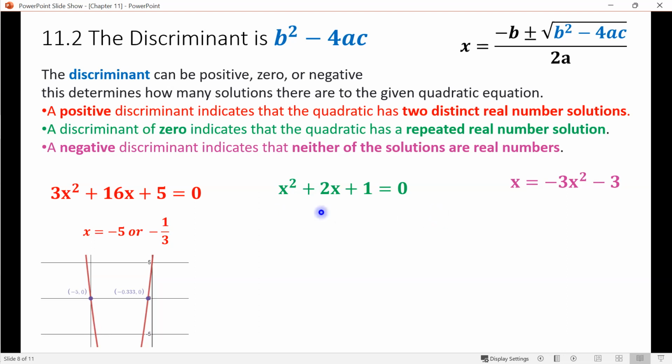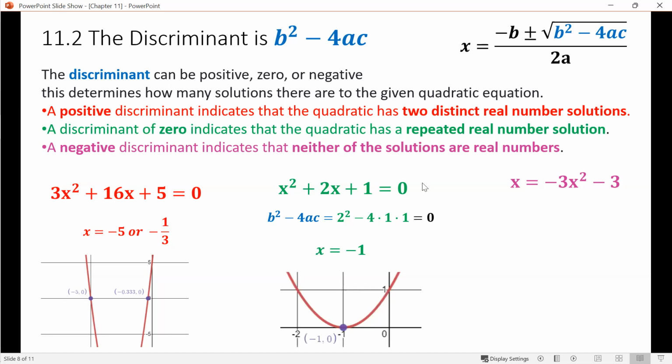Since we did not solve this one, I will set it up for you. Our b is 2, and our a and our c are both 1. So b squared minus 4ac is going to be 2 squared minus 4 times 1 times 1, which indeed will equal 0. If we were to solve this equation, we would end up with x equals -1.